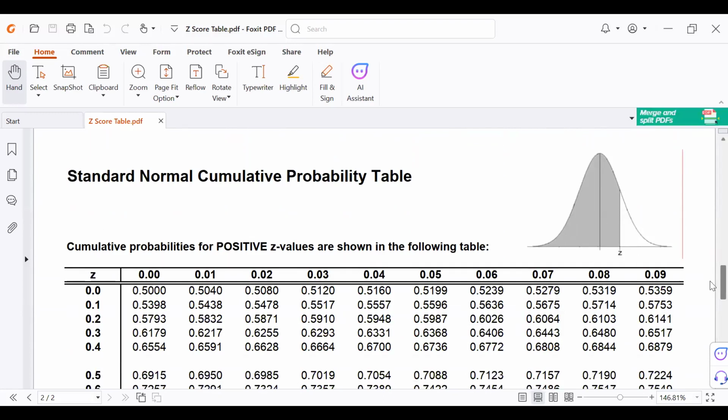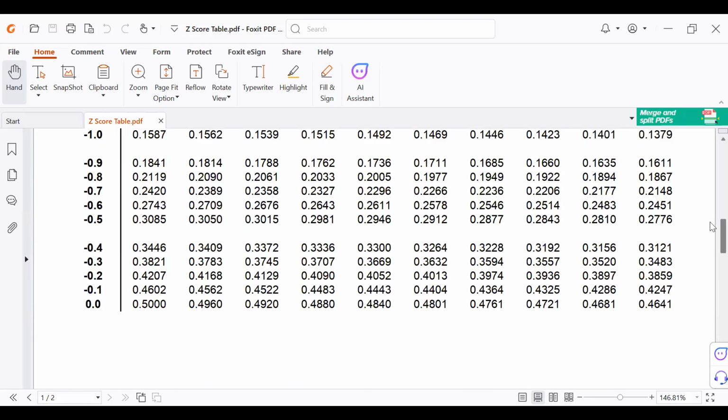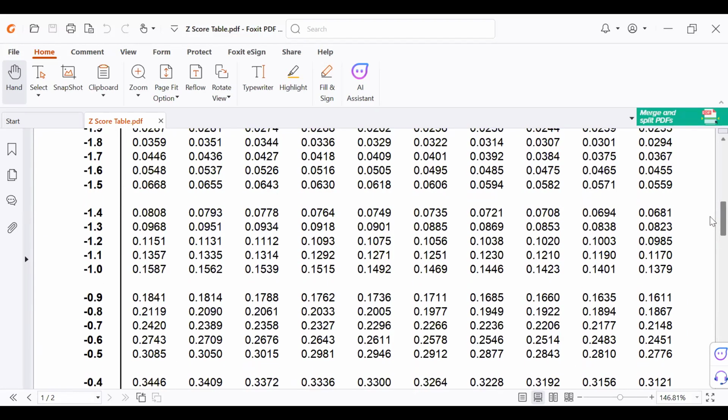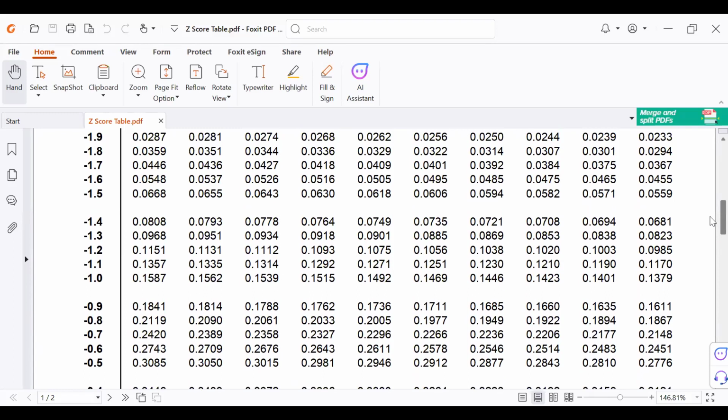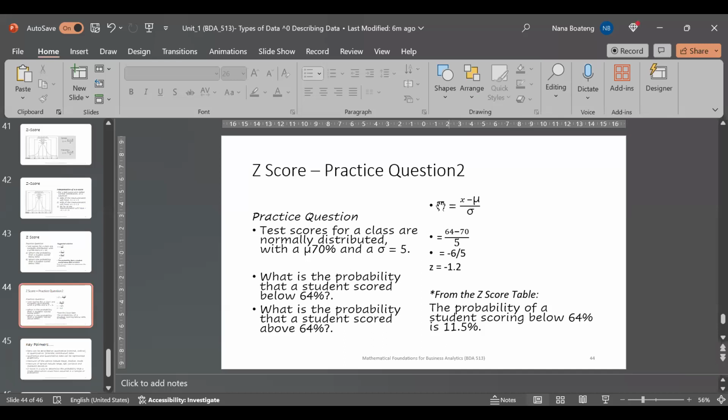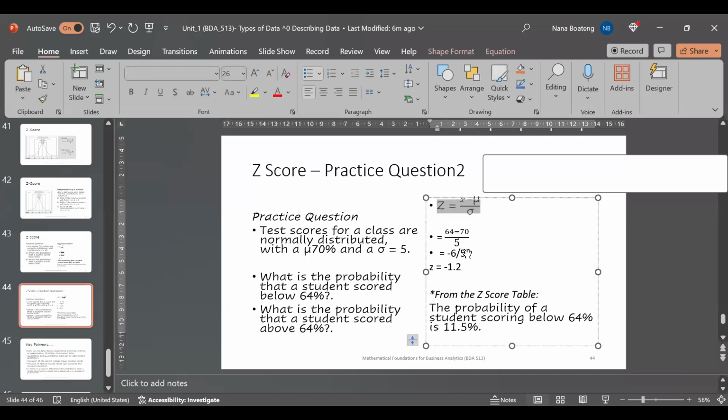Okay, Ernest. Hello, Mama. Please, since I missed something when you were explaining the score table, why are we using the zero column? Okay, sure. When we calculate the Z, we get the raw values. When we use this formula, we get a raw value of Z, that is negative 1.2.